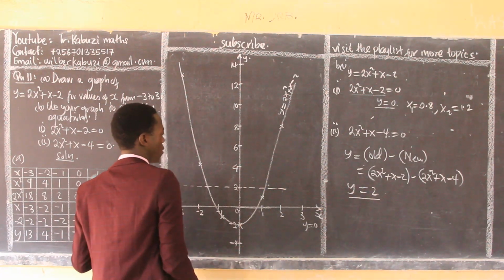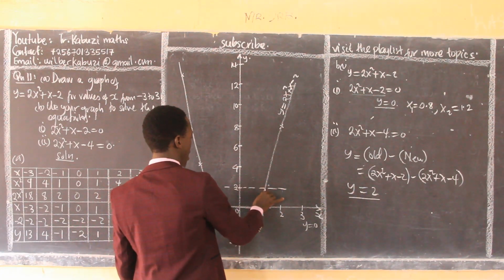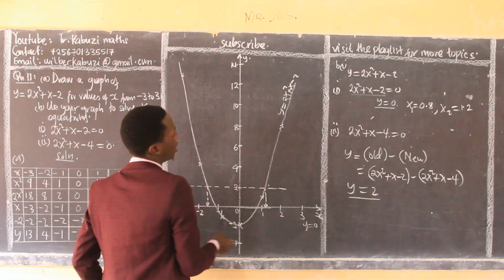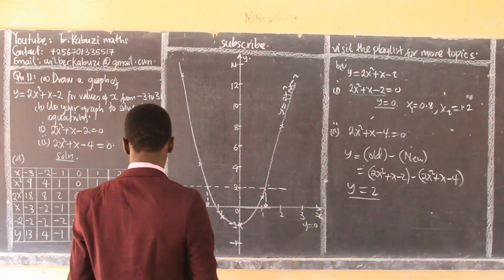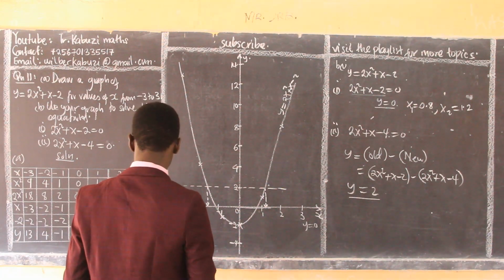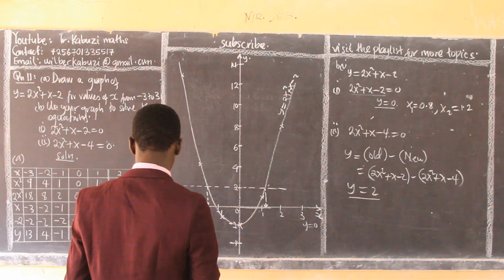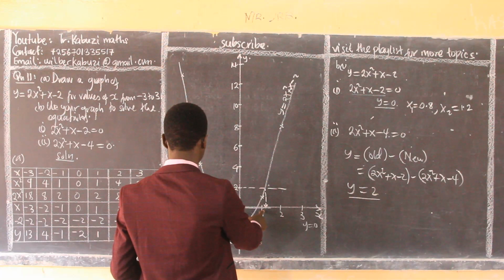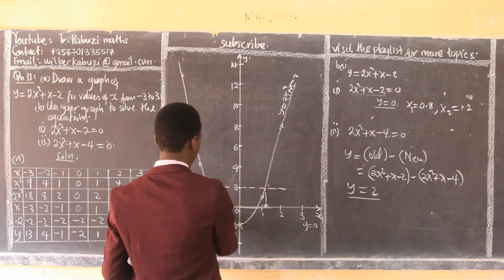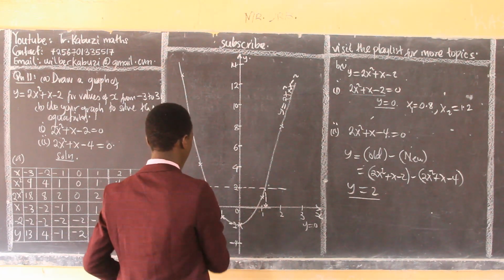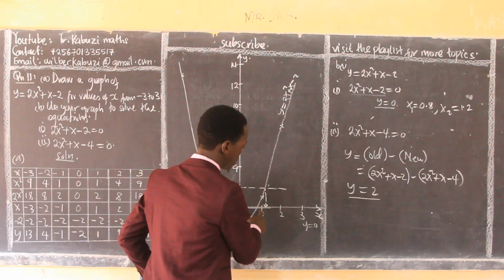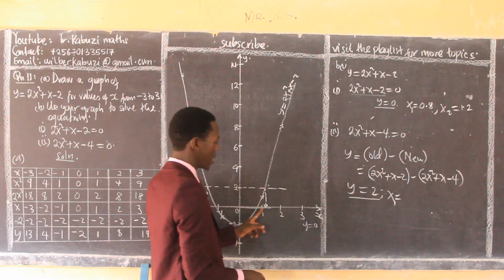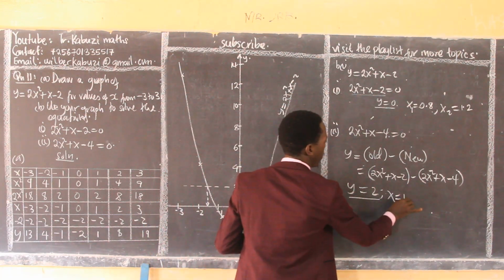Now I'm going to look for this value there going down, and then I also look for this value there. So in simple terms, that's how we solve that one. So my first value here is 1.2, and then this one is close to 1.7. So I just approximate. The first x value is 1 point something, 1.2.